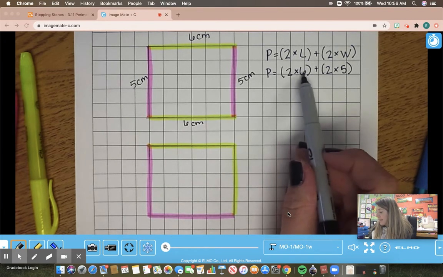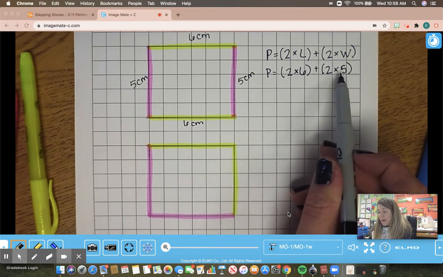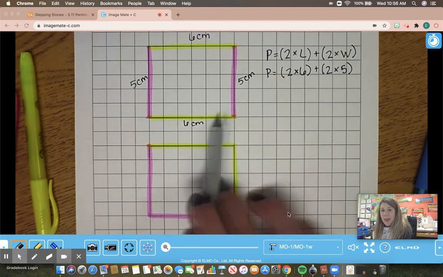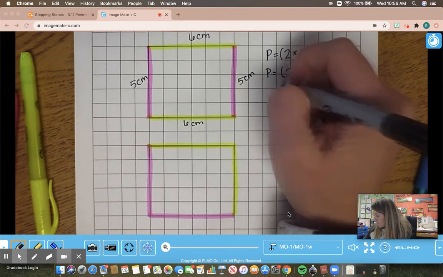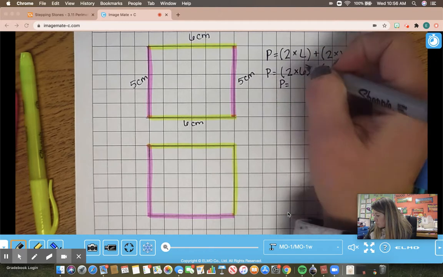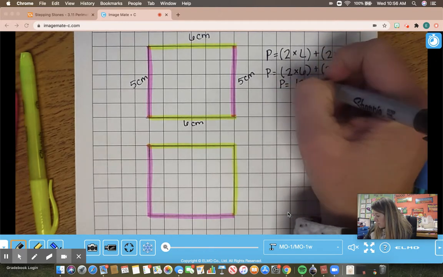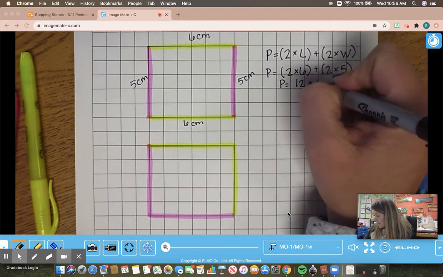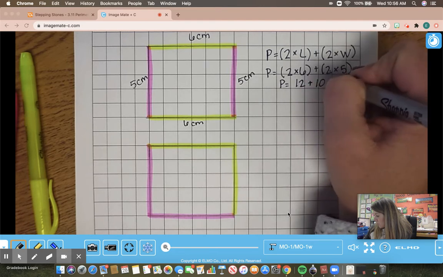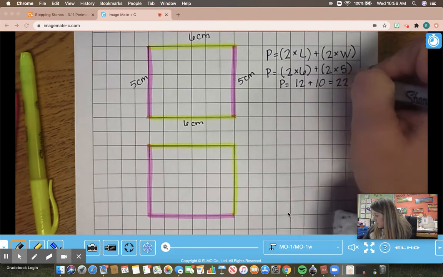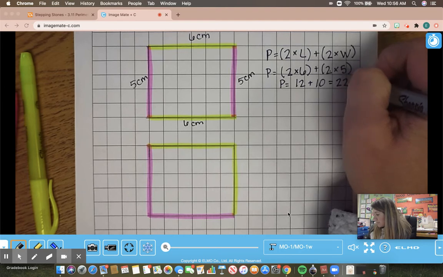Again, twice the length and twice the width. I have 4 sides and I'm adding them all together. Well, 2 times 6 is 12 plus 2 times 5, which is 10. So my perimeter is 22 centimeters.